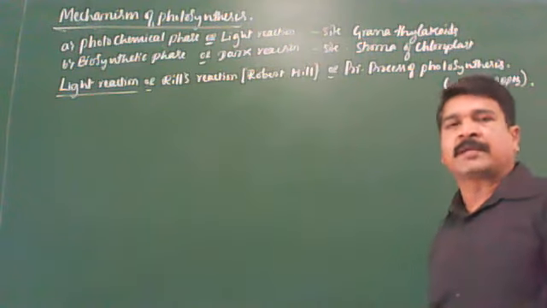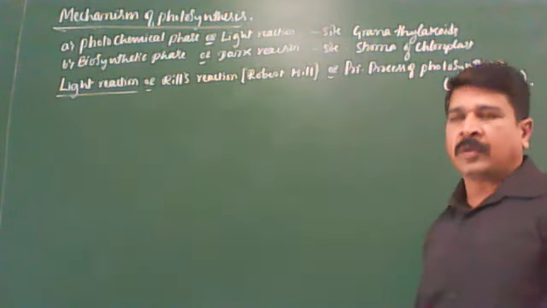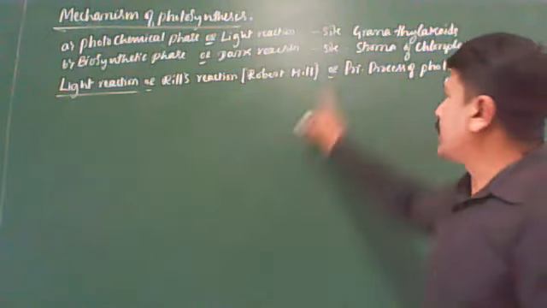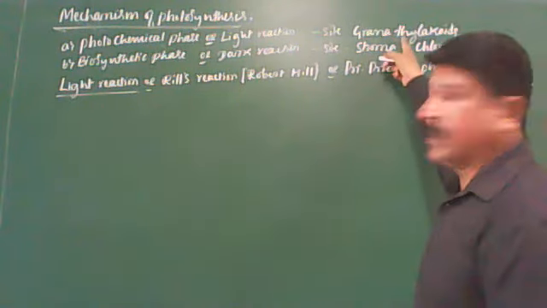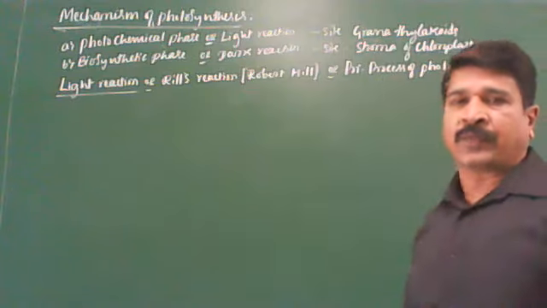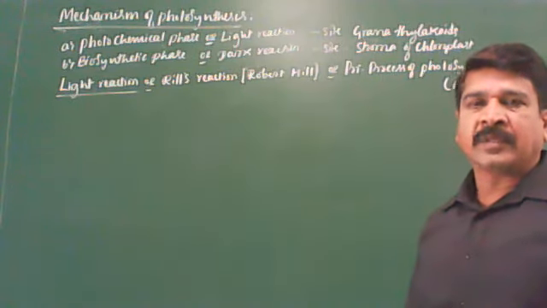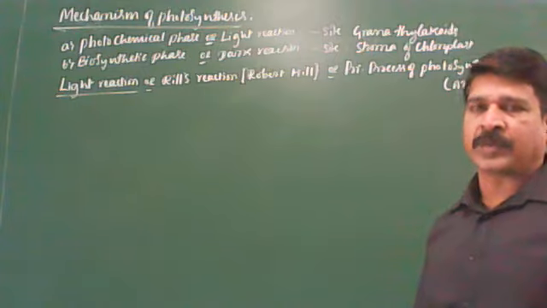You know that light reaction takes place in the grana thylakoids of the chloroplast. Grana thylakoids are the sites of the light reaction, that you should keep in mind.